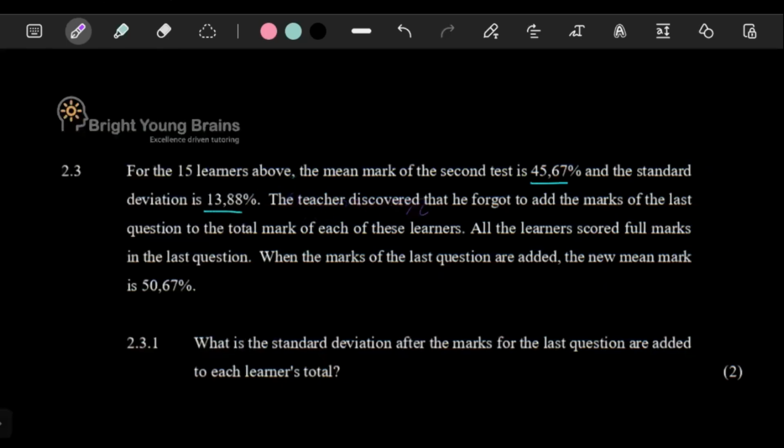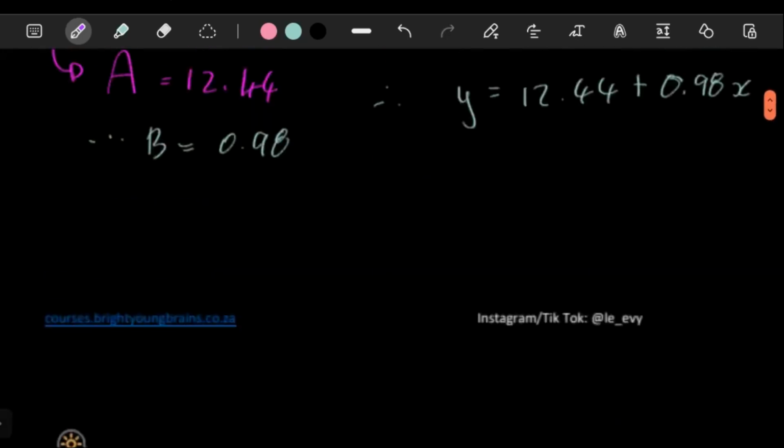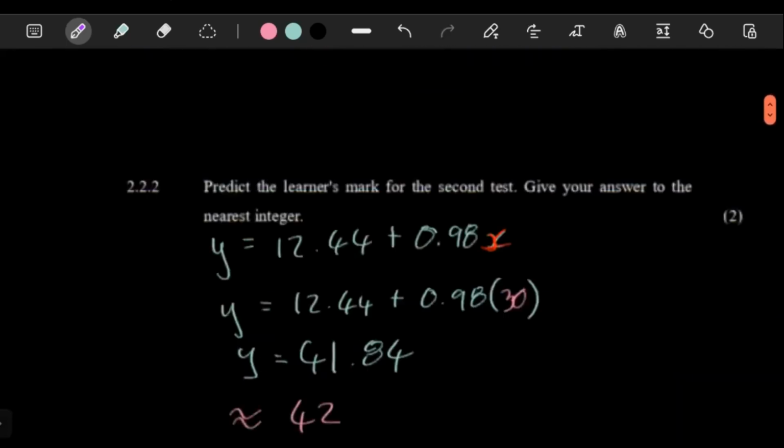Then he says that the teacher discovered that he forgot to add the marks of the last question to the total mark of each of these learners. Yeah, this question is definitely in the course. That's why it looks so familiar.